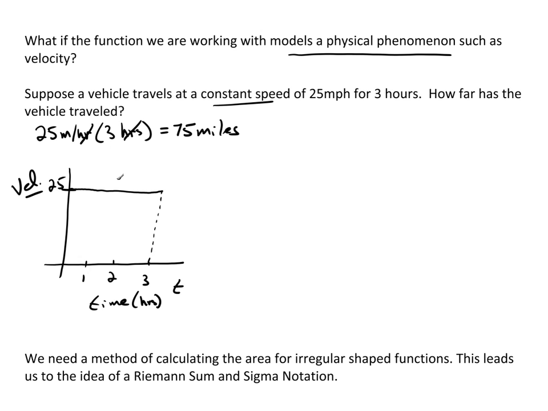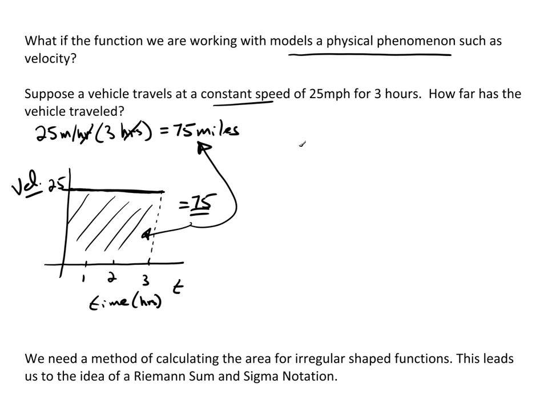Well, if I look at this box that I create and look at the area of the box, this area is 25 times 3. That area is 75. And that 75 represents the area that's under this curve. It happens to be a constant function. And the interpretation for the area in this case is actually distance traveled.